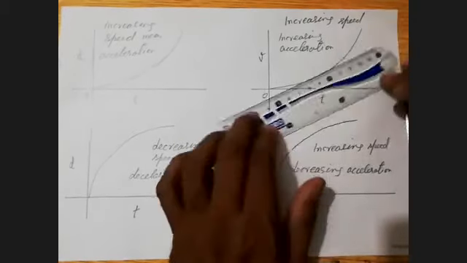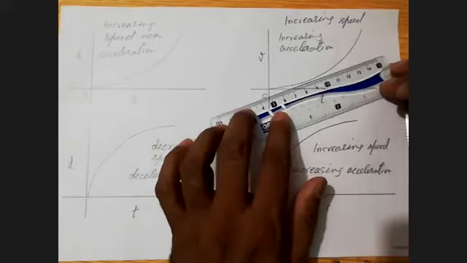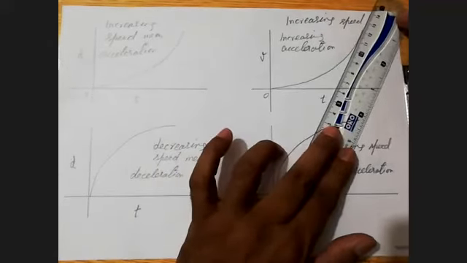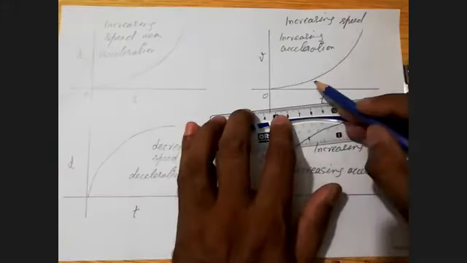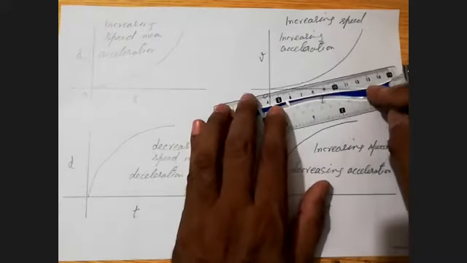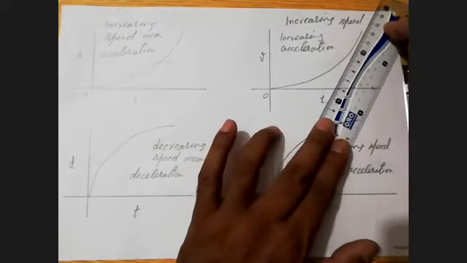It means here the acceleration was lesser, but if I go gradually along the curve like this, my acceleration is increasing. So although this is an increasing velocity, side by side the acceleration is also increasing.